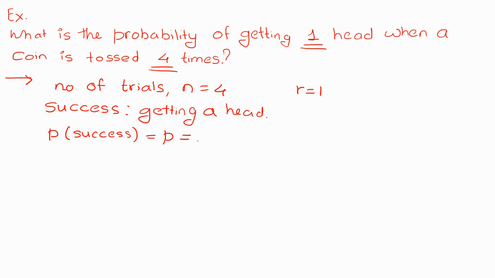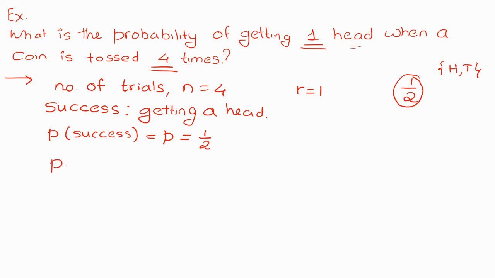What is the probability of getting a head when a coin is tossed? That is 1 by 2. That is for sure, because there are only two possibilities, head or tail. Therefore, when a coin is tossed once, the probability of getting a head is 1 by 2. Therefore, my p value is 1 by 2.